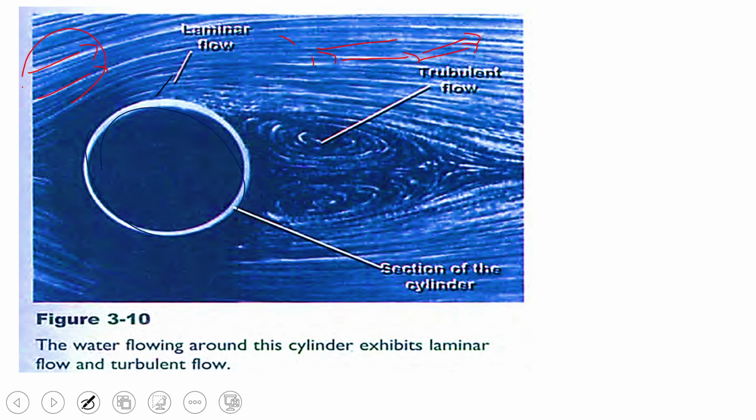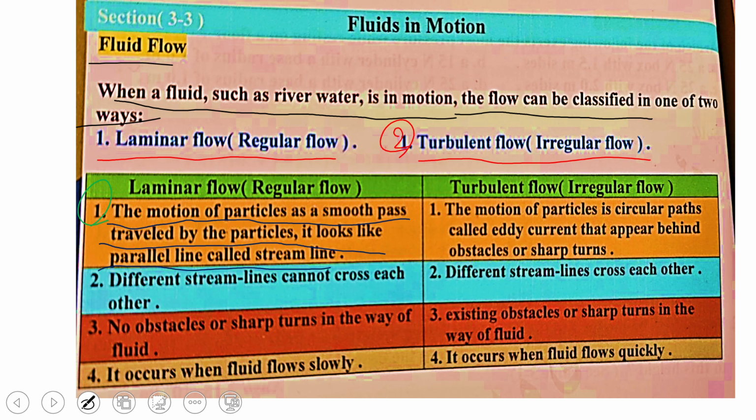So these two lines are called parallel lines. That's why it's written here that the motion of the particle, the smooth path traveled by the particle, looks like parallel lines. This line shows the direction of the moving particle. Because the two lines are opposite, they never intersect, so they are called parallel lines.